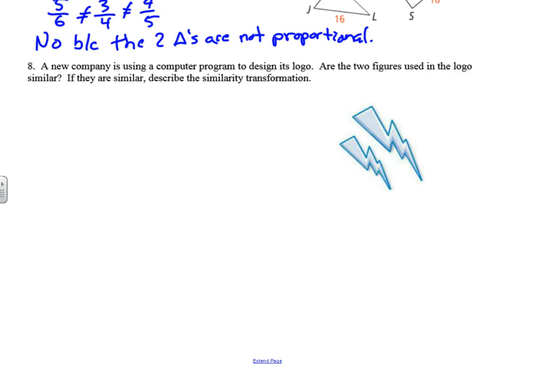So last one, a new company is using a computer program to design its logo. Are the two figures used in the logo similar? If they are similar, describe the similarity transformation.